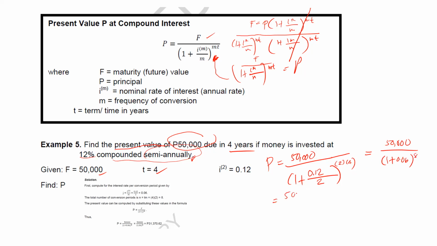So, 50,000 divided by 1 plus 0.06 is 1.06 raised to 8. Now, sa calculator, kung day kaya i-input ining buo, pwede nindong gibuhon, i-click ining 1.06 raised to 8. Thus, i-click so equal, malos dyan so answer.